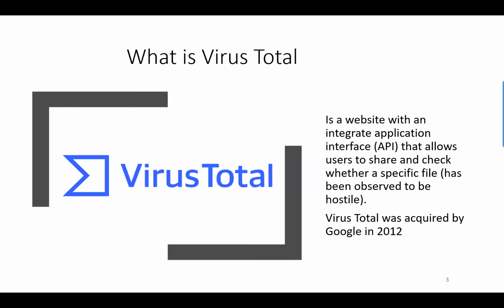And then, of course, like many other things, it was acquired by Google back in 2012. But it is still today community supported, and people submit these identifiers indicating, hey, this particular file or string is potentially hostile.